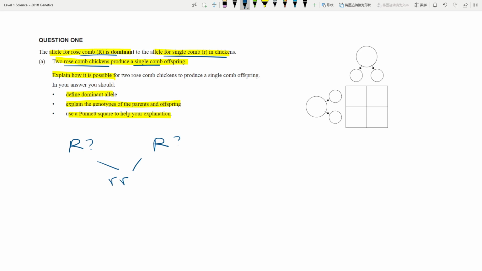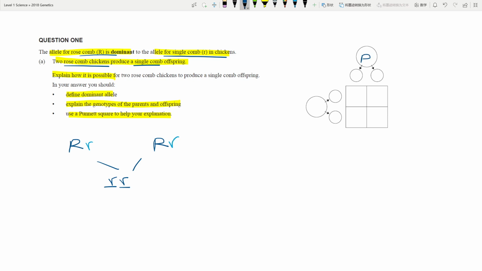Remember, after sexual reproduction, the offspring inherits half of the genetic information from each parent. So this offspring must have got the small r from each parent. That means both of the parents must have a small r, otherwise how would they inherit that in the first place?